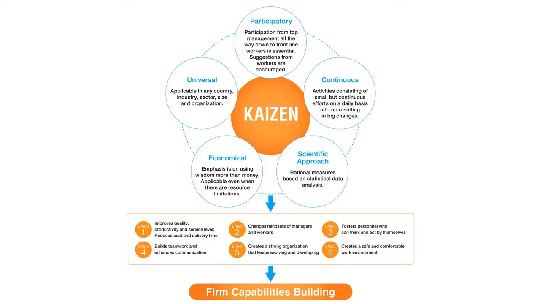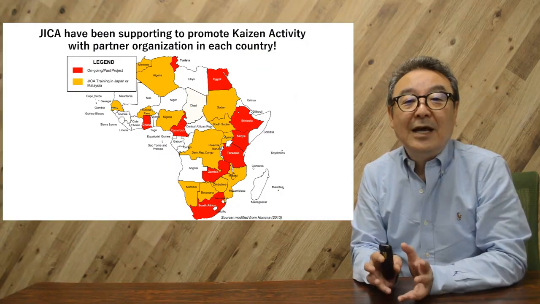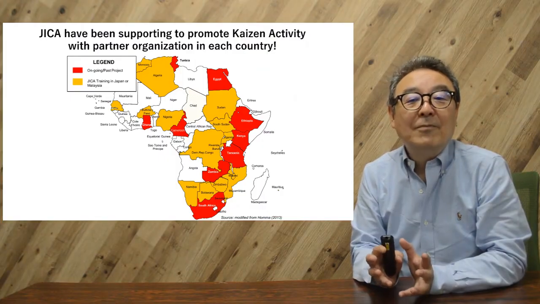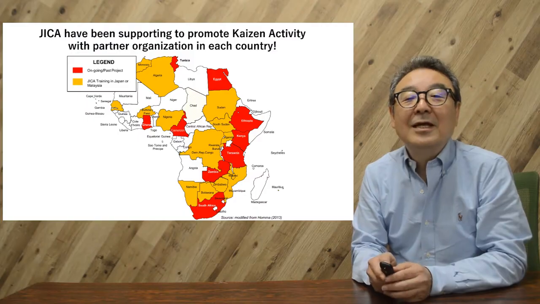This chart comes from the JICA website. Especially in Africa, they are supporting and promoting Kaizen activity with partner organizations in each country.